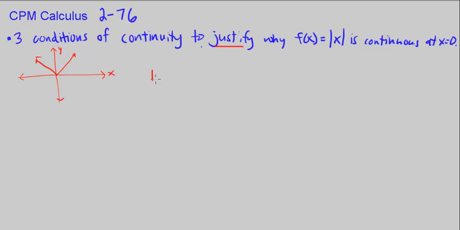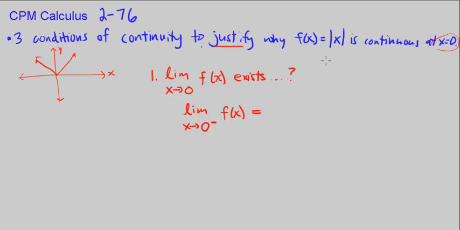Well, one is saying that the limit as x approaches a, so here 0, as x approaches 0 of f(x) exists. So does it? Does the limit as x approaches 0 exist? Well, that's only going to be true if the limit as x approaches 0 from the left, which is what?